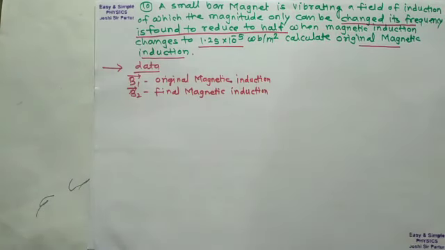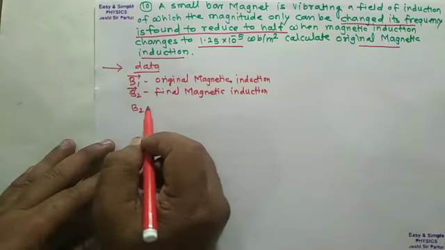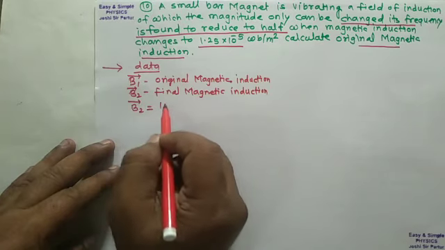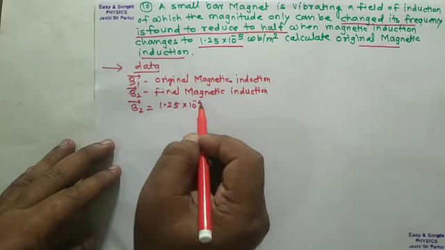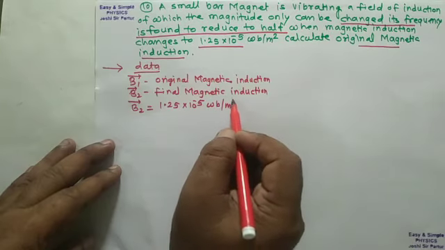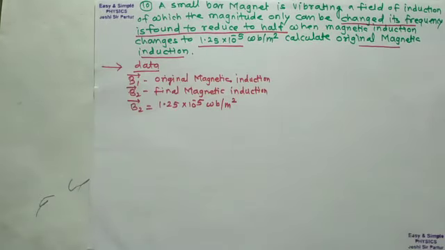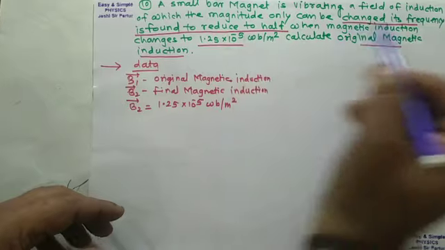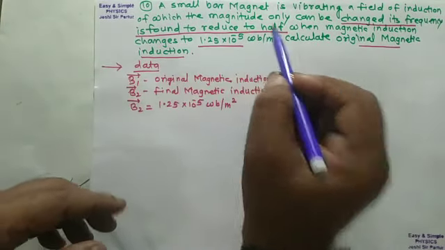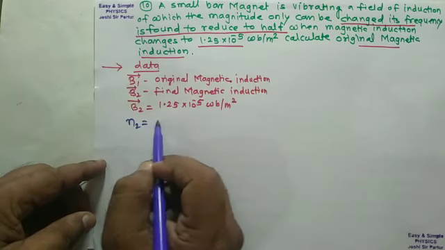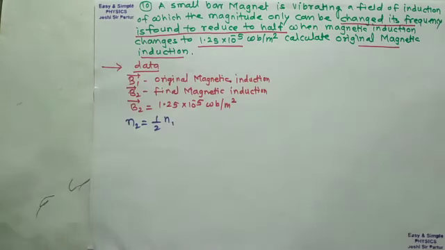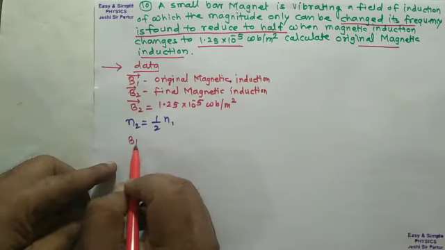See here, the final magnetic induction is changed. So B2 vector is 1.25 into 10 to the power minus 5 Weber per meter square. And the condition is given: frequency is found to reduce to half, means N2 is half of N1, or N2 is equal to N1 upon 2. And here we can find out vector B1.